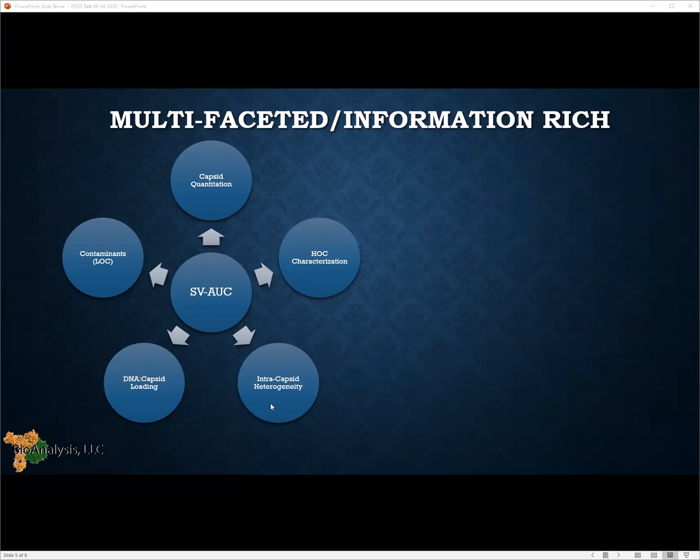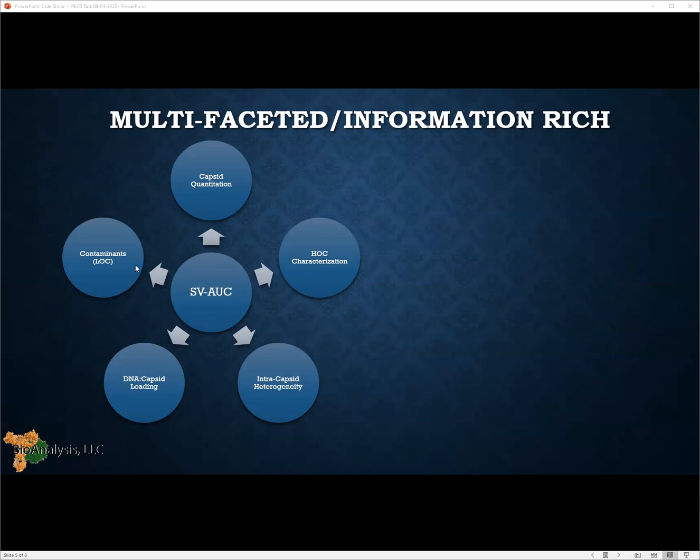Actually, it's complementary and gives you much more data, but it just demonstrates the power of the AUC. Your genomic DNA capsid loading, you're going to get those ratios. You use this with a multi-signal type of sedimentation velocity experiment that we routinely use to determine stoichiometry of a heteroassociation. So this is a commonplace type of experiment when you're looking at binding interactions. And obviously you can look at your contaminants.